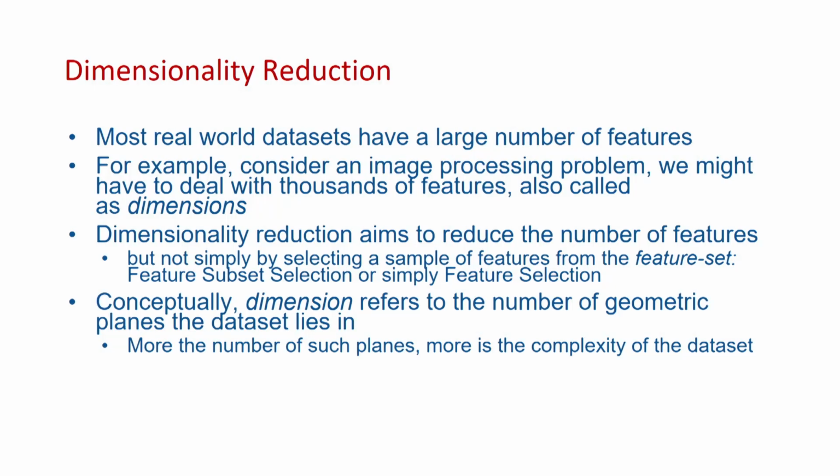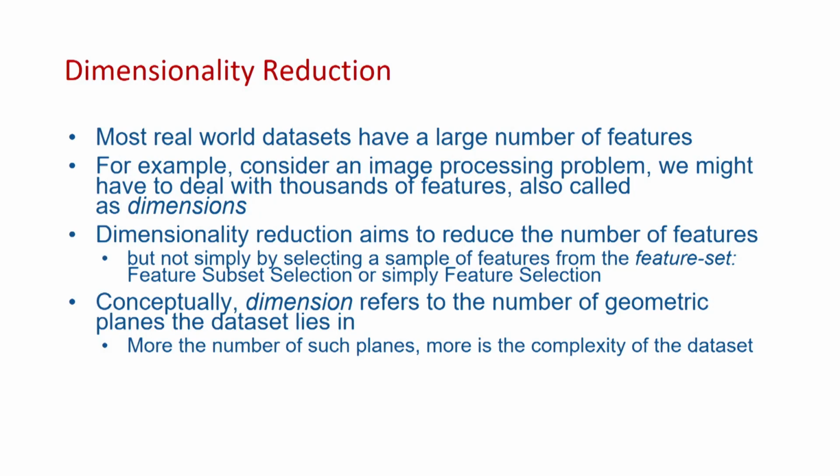But in other cases, when we do not know which particular feature we should select or which we should leave, there are other dimensionality reduction techniques, and in that case we get a new data set with a new set of features, and these new features are combinations of previous features. Any one feature in the new data set may be a combination of a few features in the original data set.